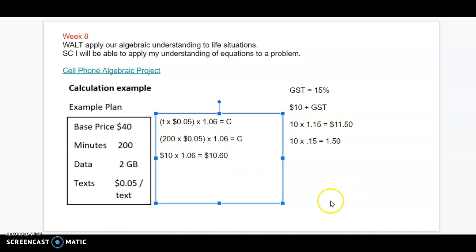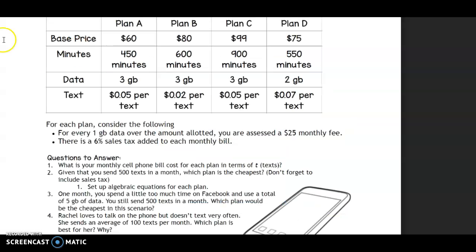If this is all making sense to you, you can go ahead and start the questions, using what I've demonstrated on that slide to work out these 4 plans just for the texts based on 500 texts.